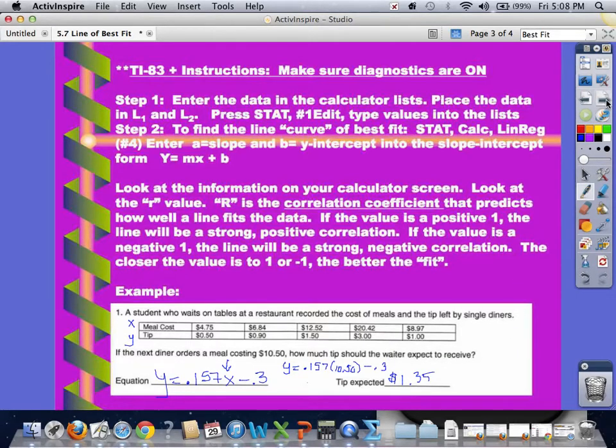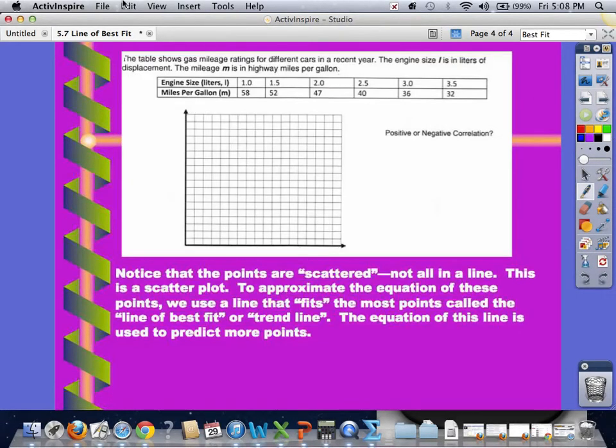All right. The next one says, this table shows the gas mileage ratings for different cars in a year. The engine size, L, is in liters of displacement. The mileage, M, is in highway miles per gallon.